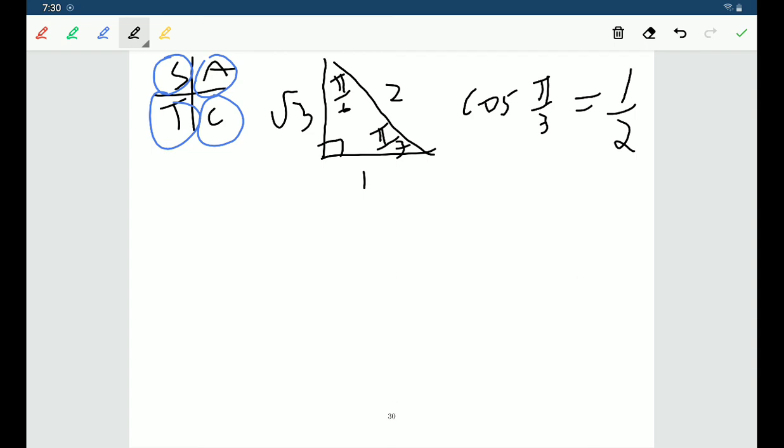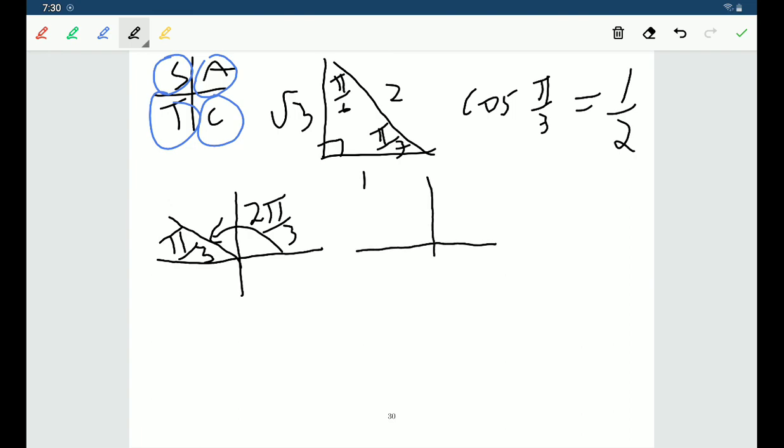So one of the angles, the one that's in quadrant 1, is pi over 3, and then all the other ones will have reference angles of pi over 3. In quadrant 2, at 2 pi over 3, that's where cosine will be negative a half. In quadrant 3, at 4 pi over 3, that's where cosine will also be negative a half.